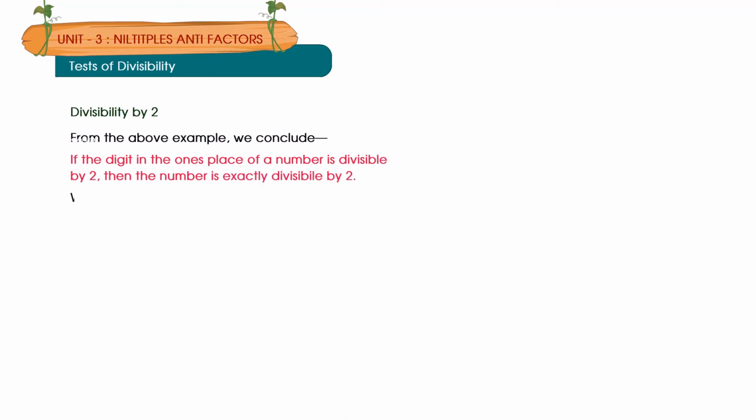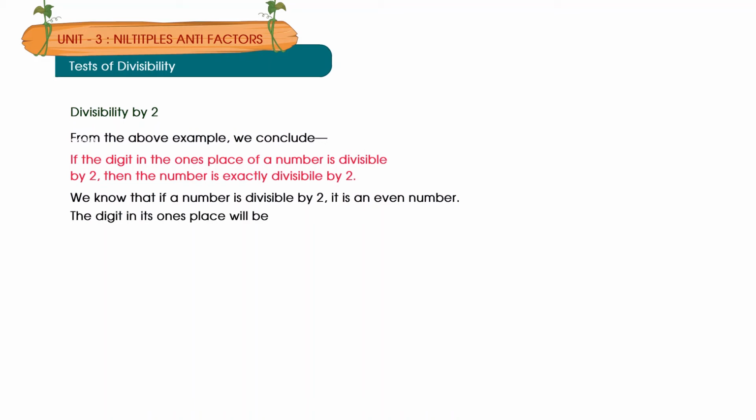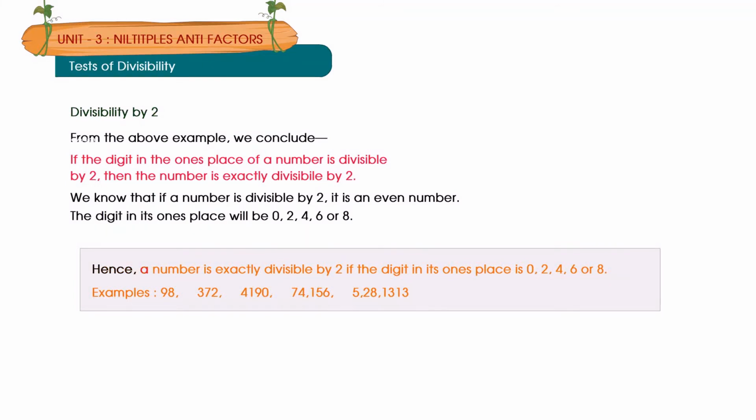We know that if a number is divisible by 2, it is an even number. The digit in its ones place will be 0, 2, 4, 6 or 8. Hence, a number is exactly divisible by 2 if the digit in its ones place is 0, 2, 4, 6 or 8.